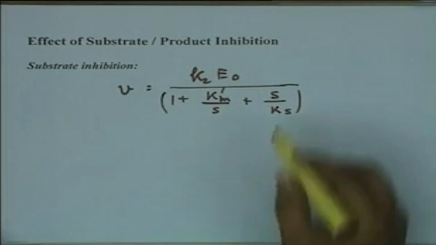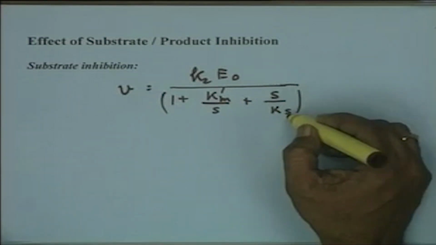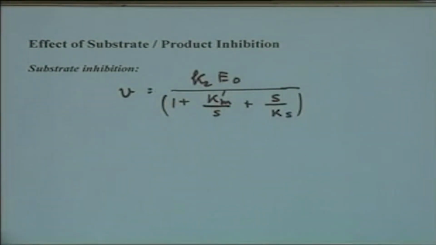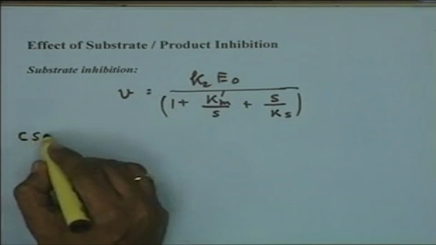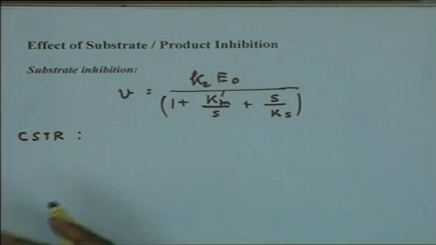Here Ks is the substrate inhibition constant, a dissociation constant, and Km is the natural Km value for the reaction. If you recall, we discussed the substrate inhibition kinetics, in which the excess of substrate causes binding of two substrate molecules to the enzyme molecule, which becomes a dead end complex. So, under that condition, in the case of CSTR, you can develop the reactor performance equation for such a system on the same lines as we did for Michaelis-Menten kinetics.